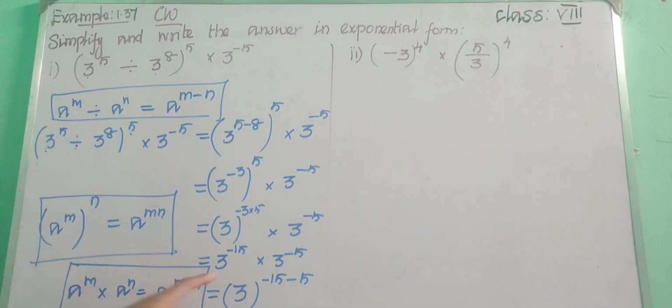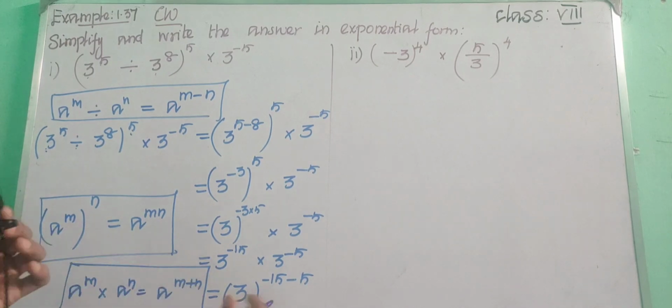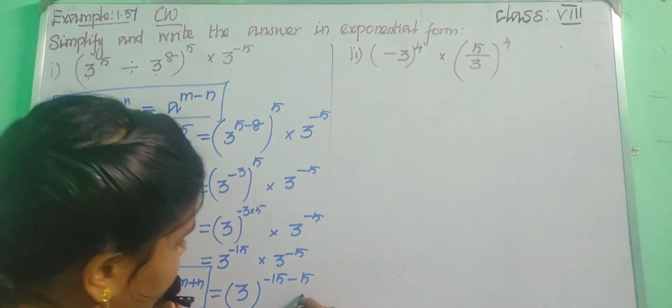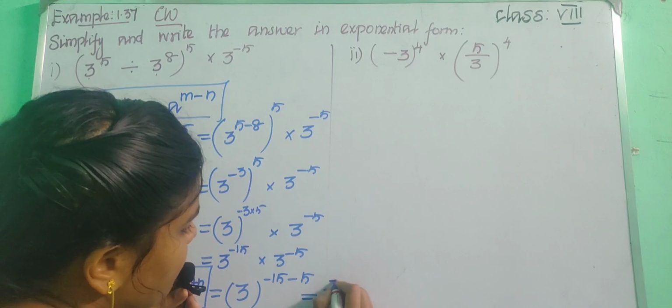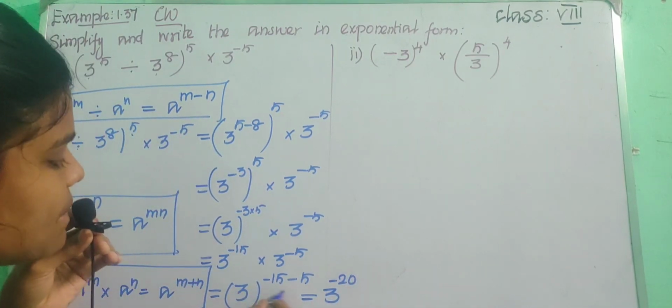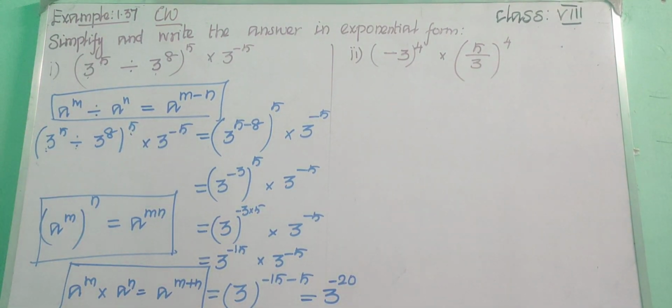Here we have minus 15, here we have minus 5. Now add these two. We have the same sign, so simply we can add the powers. Minus 15 minus 5, what will you get? Minus 20. Same sign means we add and put the same sign. So 3 power minus 20 is the answer. Okay, can you all understand? Copy this in your classwork notebook.